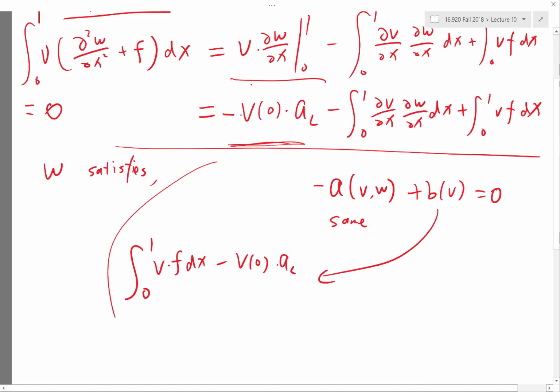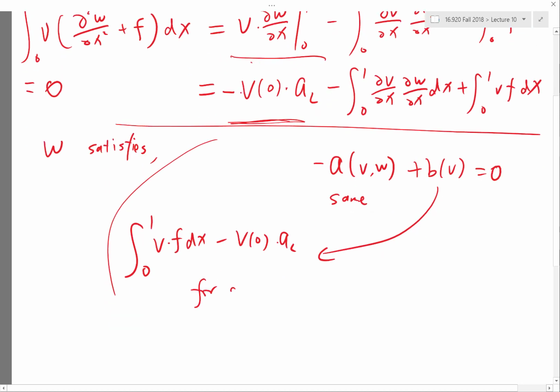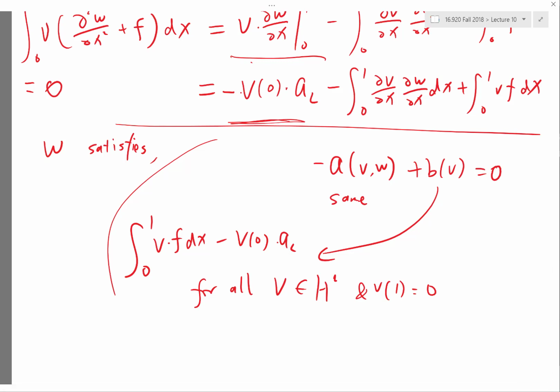This linear form for all V within H1 and V1 equal to 0. So we no longer have any constraints on V0, right? V again is a small variation of W, which is not fixed at x equal to 0 anymore.